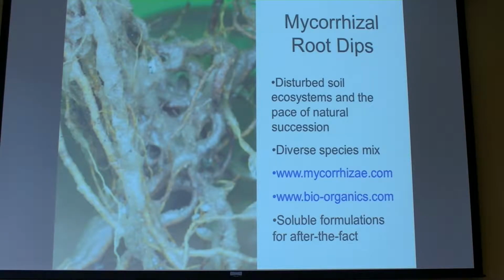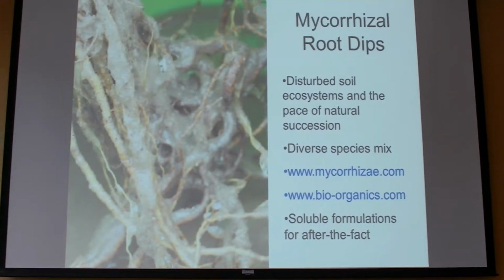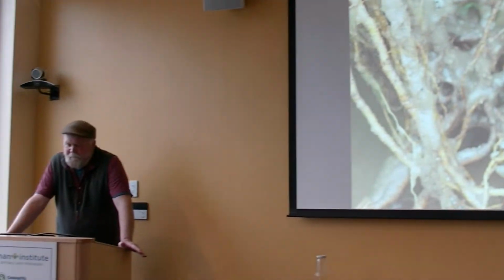There are different formulations. The type I like to use when I'm planting a bare root fruit tree, just because I can see it, is the root gel that Bioorganics puts together. There are also powdered formulations. There are liquid formulations.